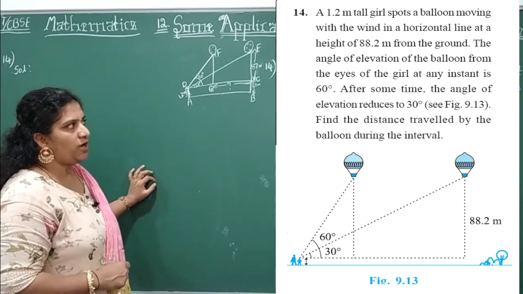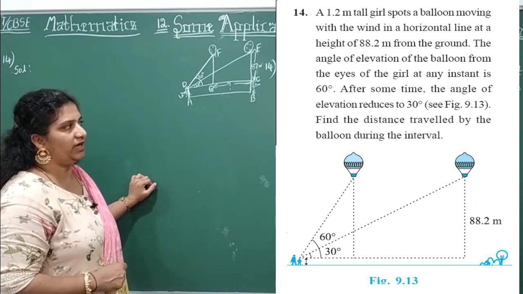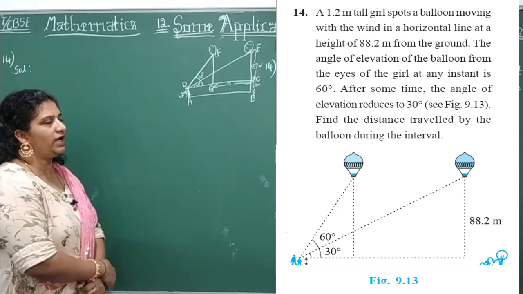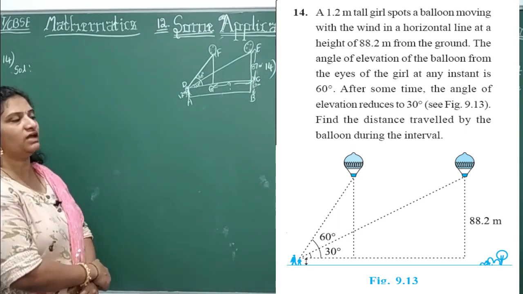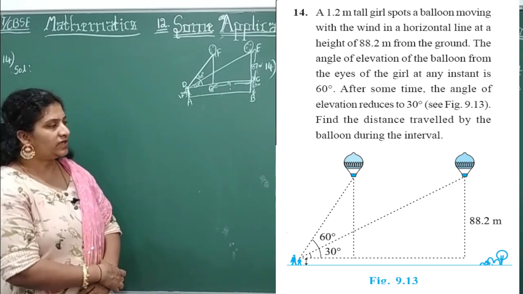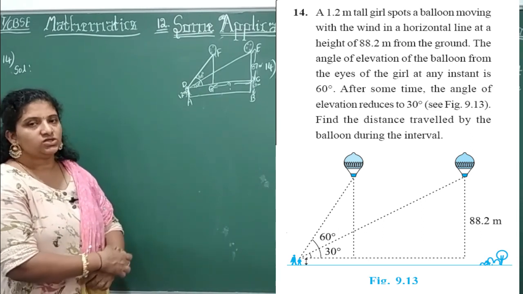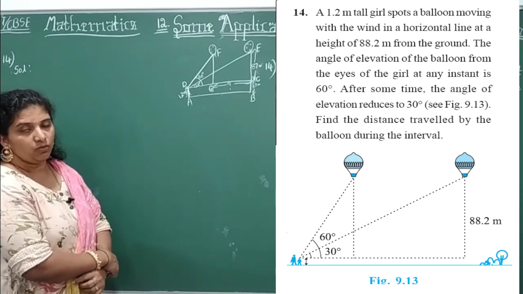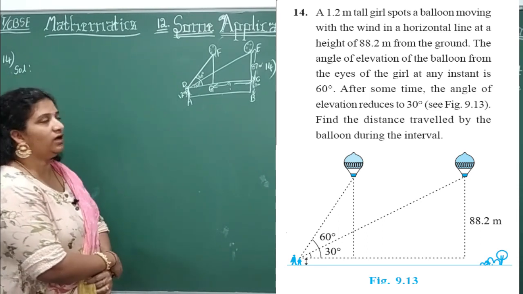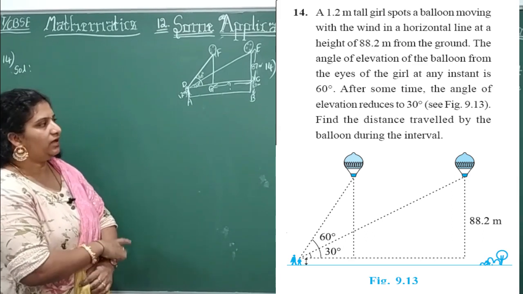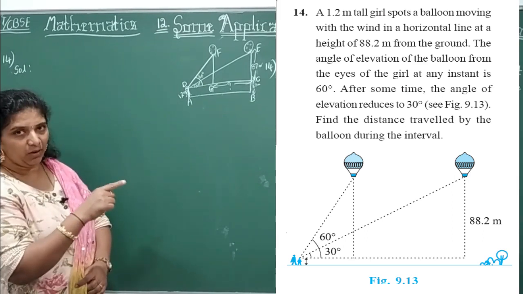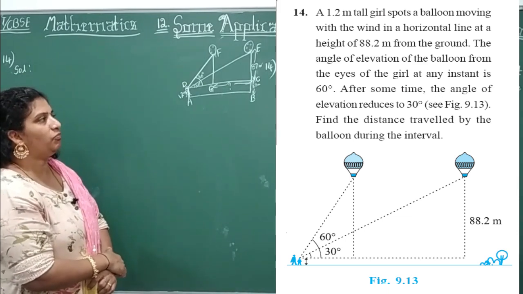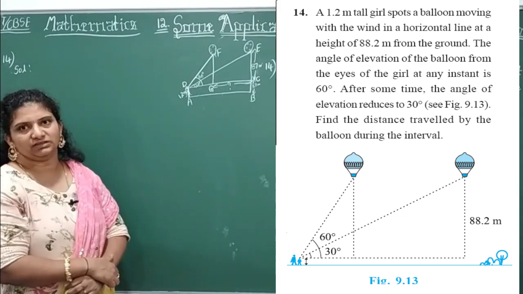The tall girl spots a balloon moving with the wind in a horizontal line at a height of 88.2 meters from the ground. So look over there, children, carefully. In the figure you can see the tall girl. What is the height of the tall girl here? 1.2 meters. And from the ground level, the balloon is at a height of 88.2 meters.